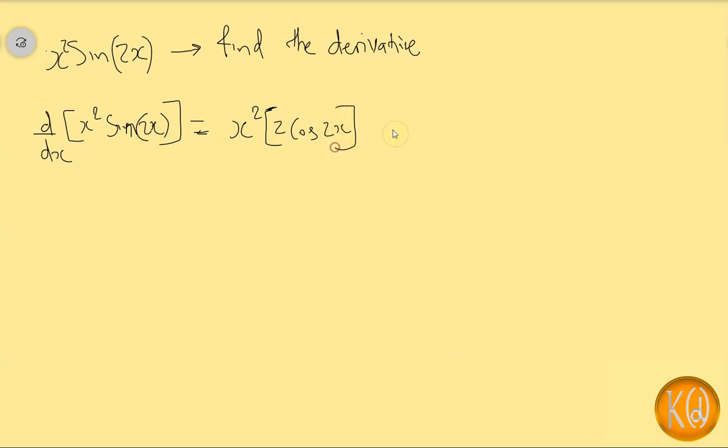Good. Now plus the second times the derivative of the first, and the derivative of the first is 2x, so that's 2x times sine 2x.